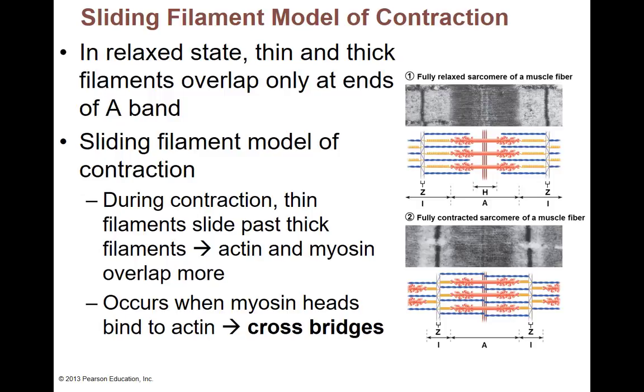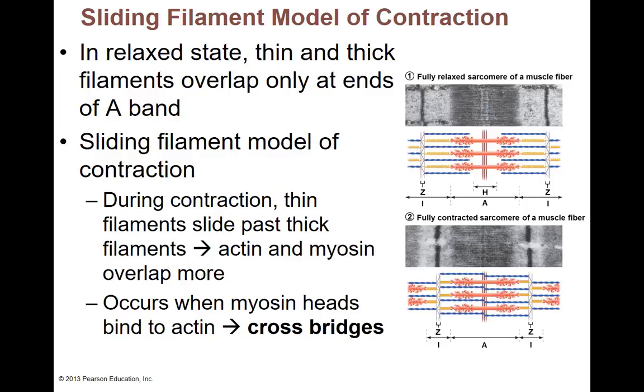Now, what we're talking about is sliding filaments. Again, we have thin filaments, my little blue lines, and thick filaments, my myosin. This is a fully relaxed sarcomere. These are those repeating units. Here's one sarcomere, one would be over here, one would be over here. This is relaxed. My thin filaments are pretty far away from each other, and the myosin's right in the middle.